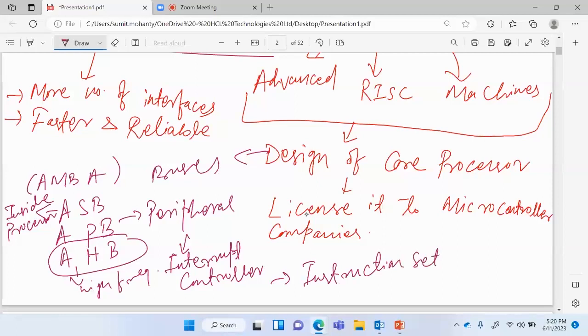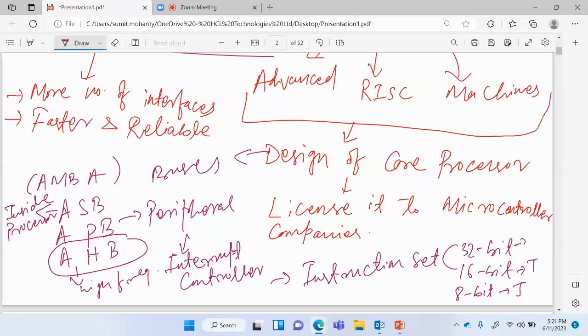It supports a 32-bit instruction set, a 16-bit instruction set, even an 8-bit instruction set. The 32-bit one is called the ARM instruction set. The 16-bit one is called the Thumb instruction set. The 8-bit one is called the Jazelle instruction set. That means it supports some Java-based coding also.